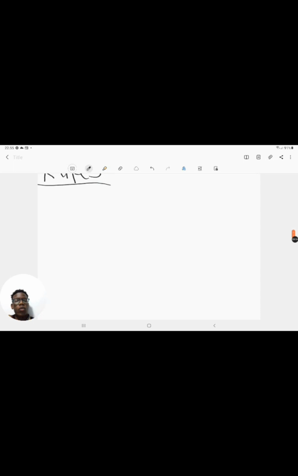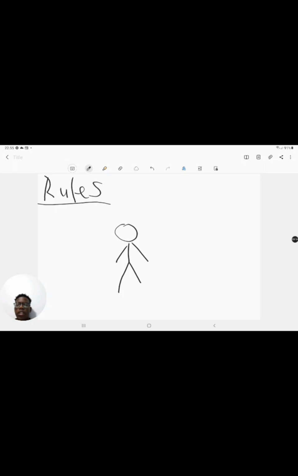Well, those rules are like when you name a person. If you've got a person here and you want to give a name to a person, that person has a first name and a surname.